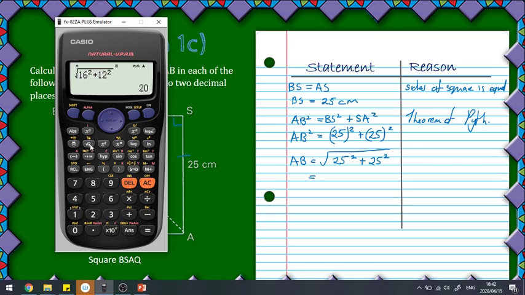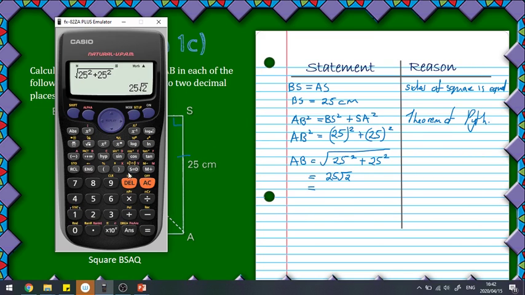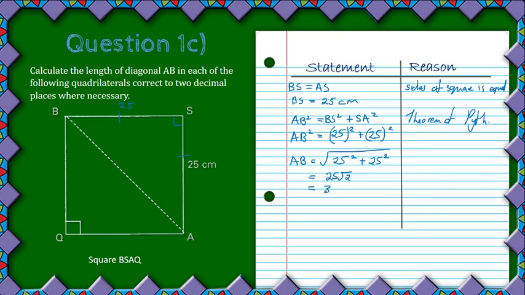Working that out, the question states to 2 decimal places. This is simply 25 root 2, but to 2 decimal places, we just press the SD button, then that gives us 35.36 centimeters.